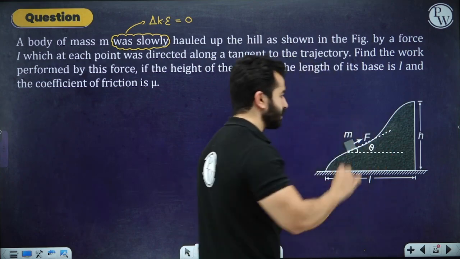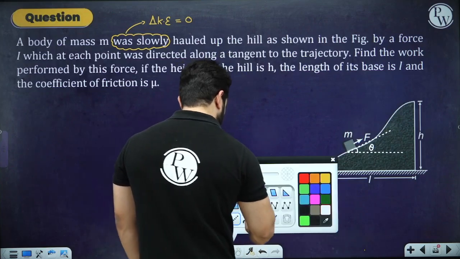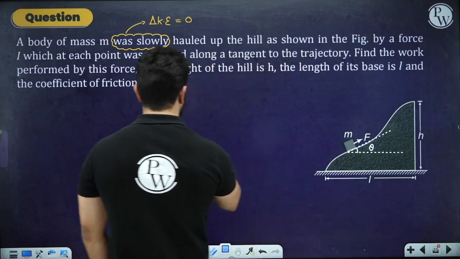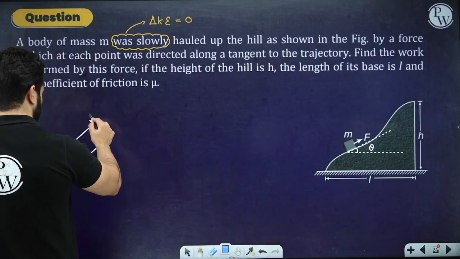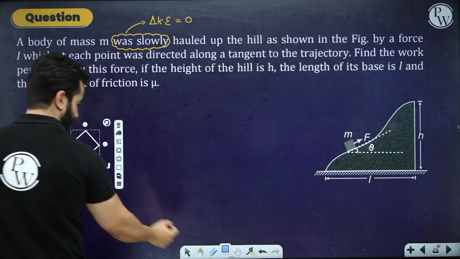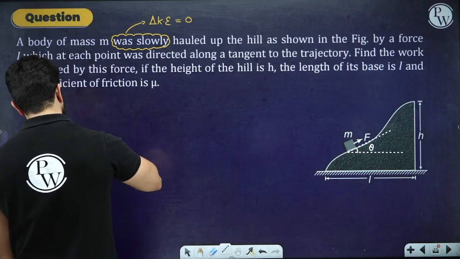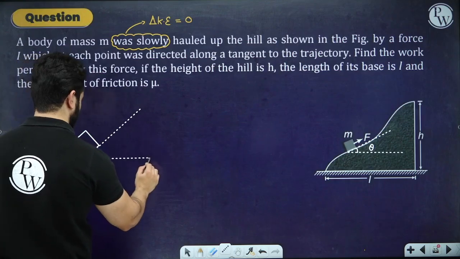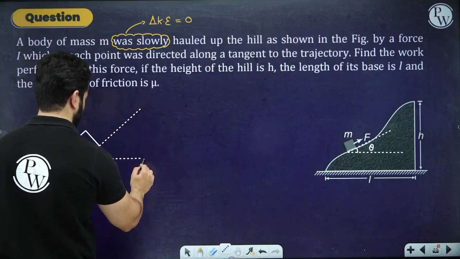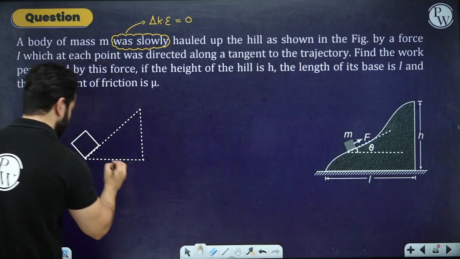Let's say it is a small angle. All right. So at this particular point, I'll actually draw the diagram over here. Let's just suppose that this is a small angle theta.